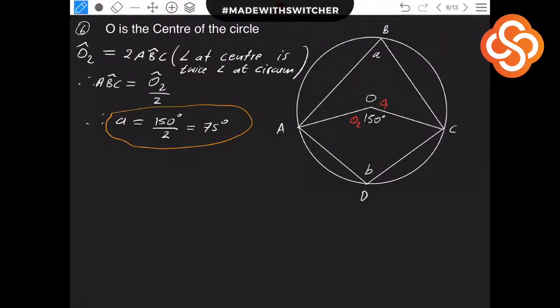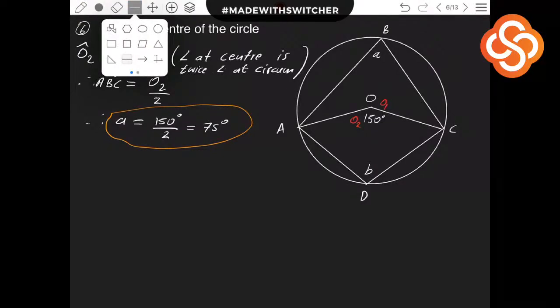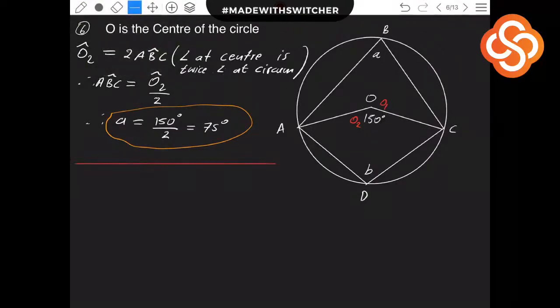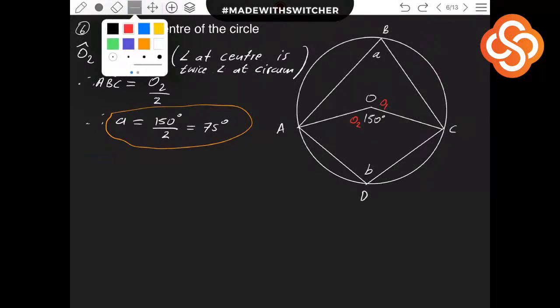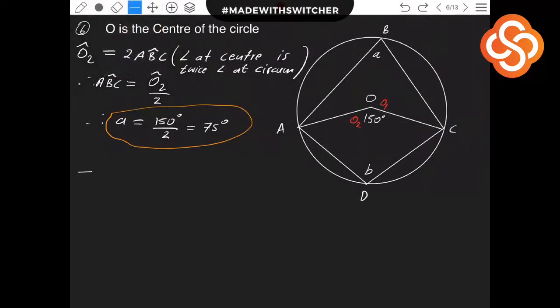Okay, and then now we need to find B. So for B, I'm going to solve it in two ways, two methods actually.